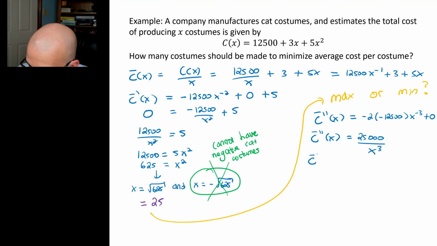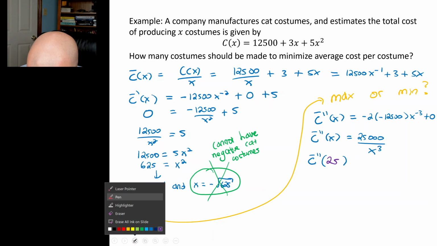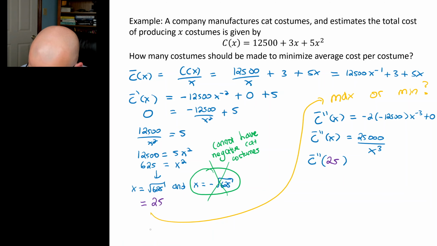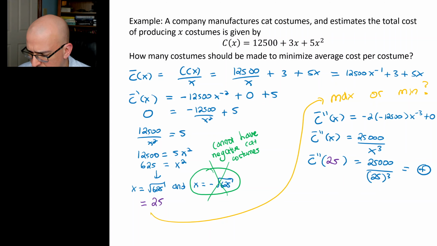Now we're going to evaluate this at 25. We don't actually have to plug anything in. We just have to check is it positive or is it negative. 25,000 divided by 25 cubed is a positive number. All that matters is it's positive, so it's concave up at x equals 25.